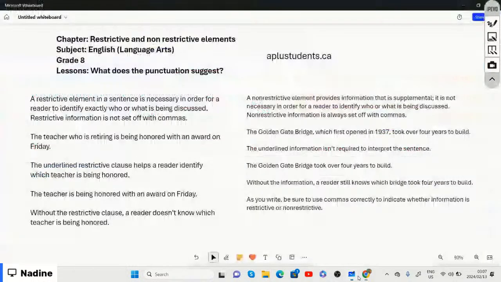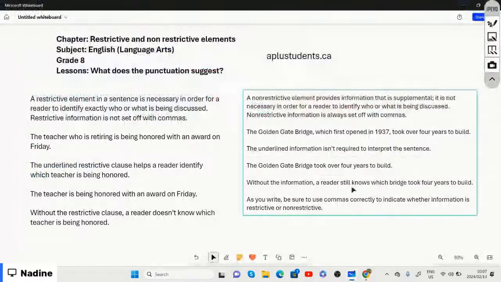All right. So our chapter is restrictive and non-restrictive elements. Our subject is English language arts, grade 8. And the lesson that we're going to be focusing on is: what does the punctuation suggest?